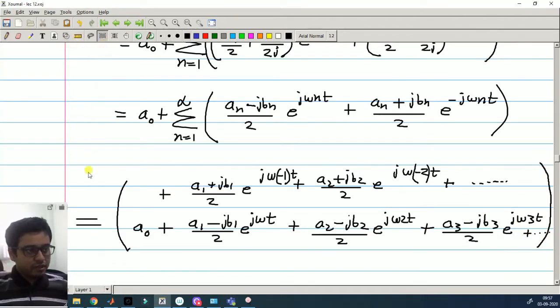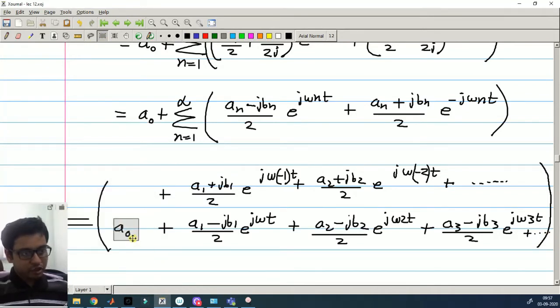Let me also do this. In place of a0, let me put a0 e to the power j omega 0t. e to the power 0 is 1, so I can do this.